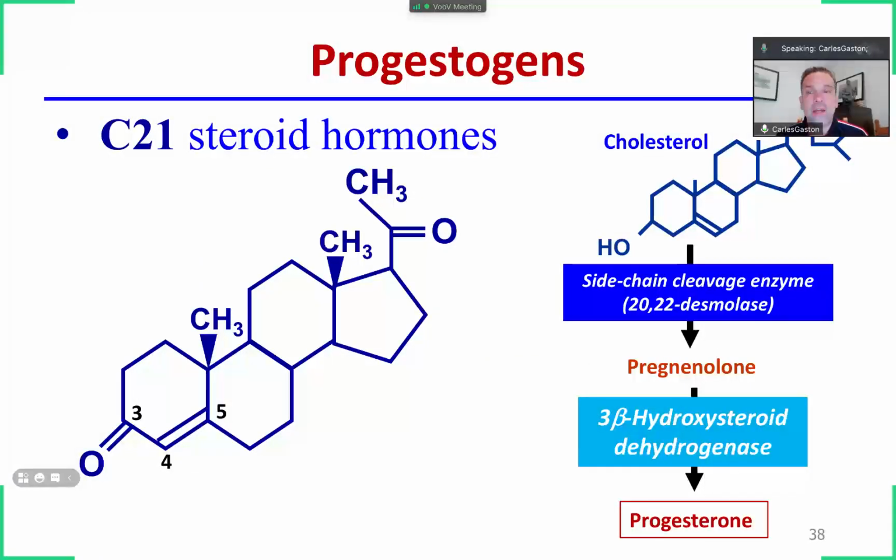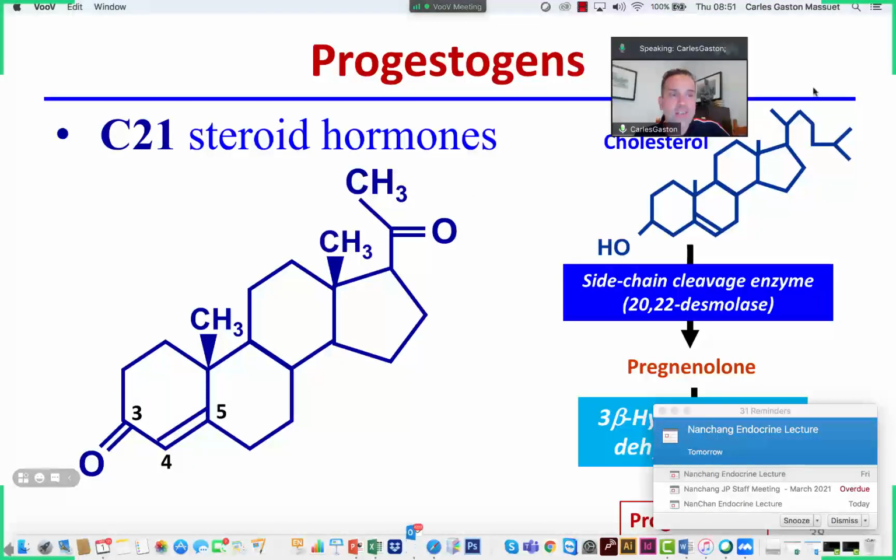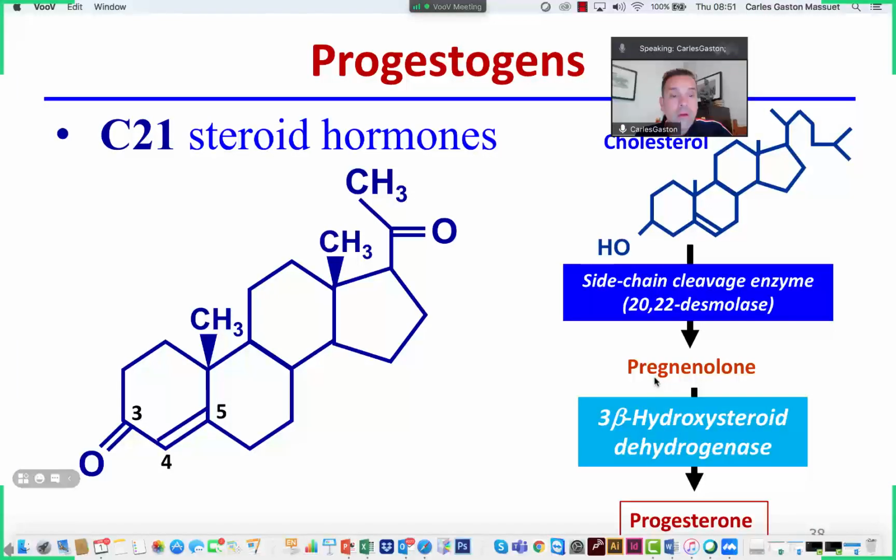So as we see, we start for the progestogens, and as we said before, it starts with a carbon 21 steroid hormone, right? That comes from the cholesterol, okay? And the cholesterol has been modified to lose part of the molecule, and this is done by the side chain cleavage enzyme 20,22 desmolase, okay? And this gives rise to pregnenolone, okay?